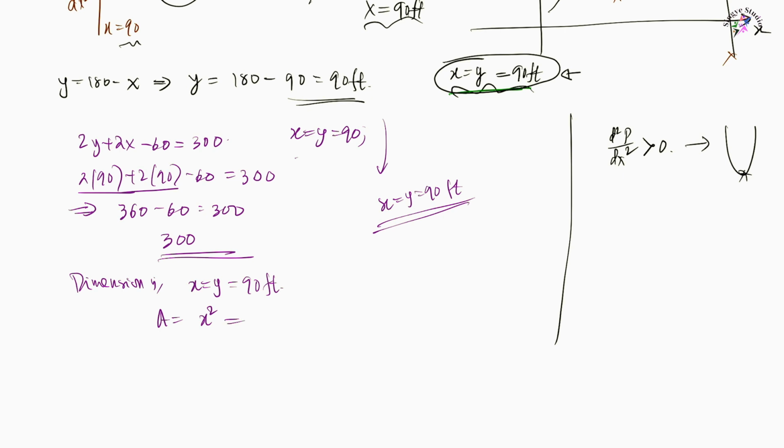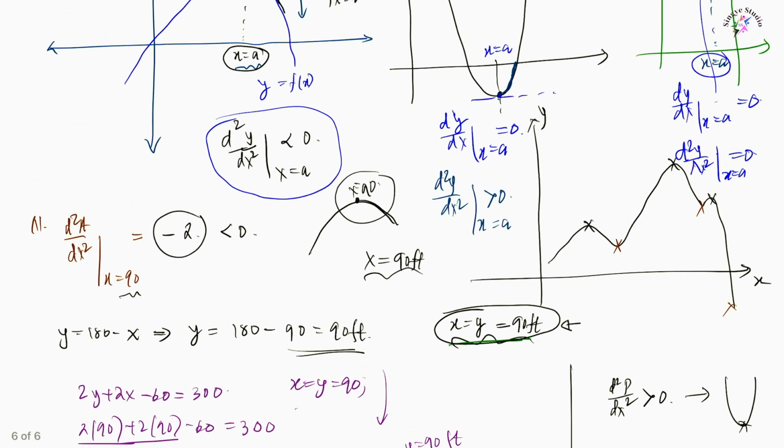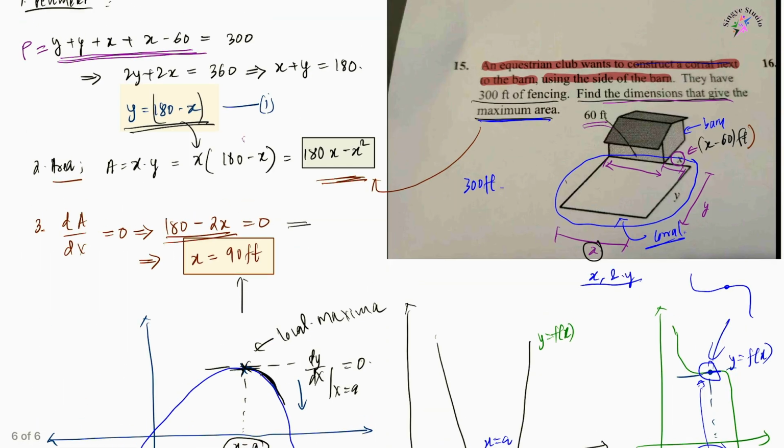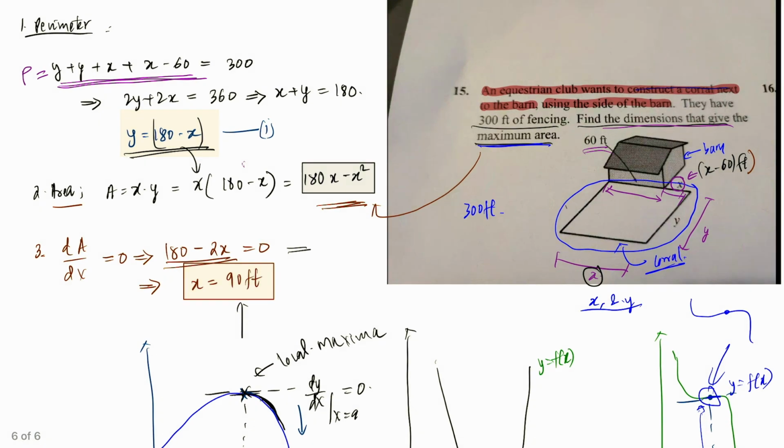So we get 90 squared, which is 8100 feet squared. Okay, the answer is x equals y equals 90 feet, and we have verified this answer by using the second derivative test. I hope you have enjoyed this video and understood this question.